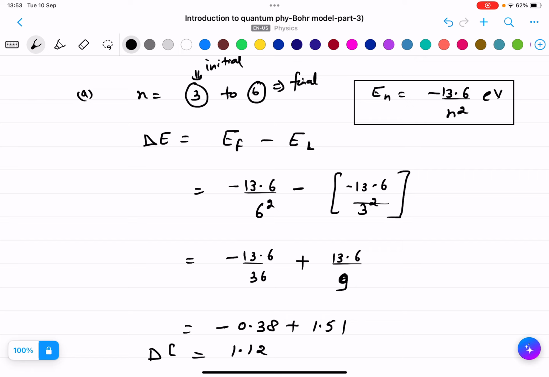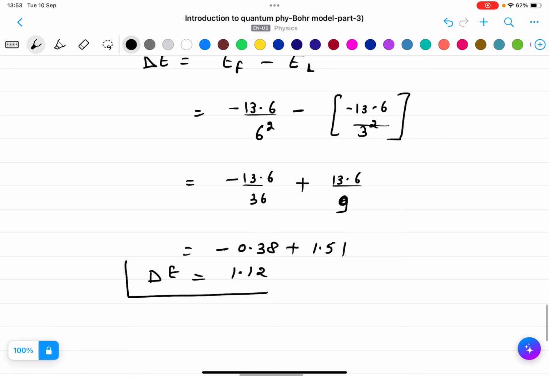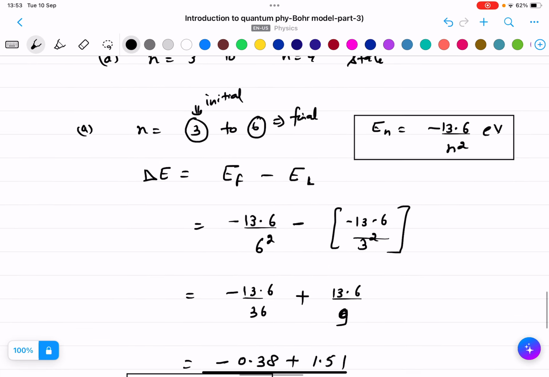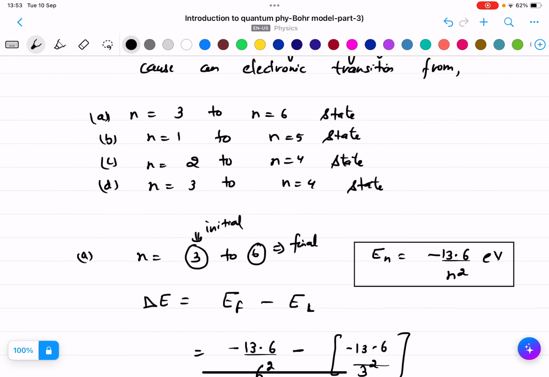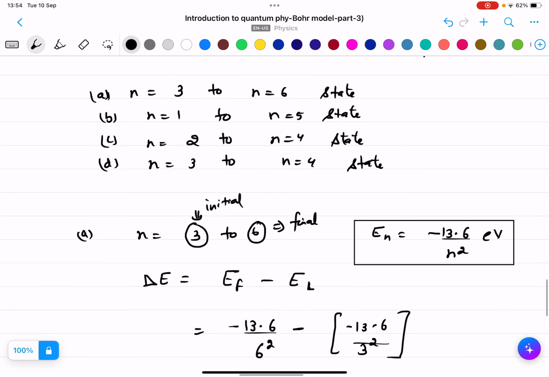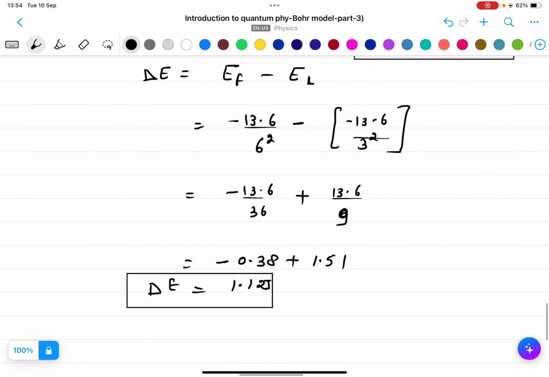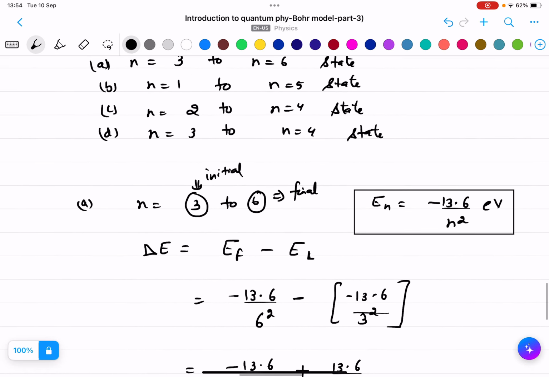That is the difference in energy here, in eV. So this is the answer for the A part. Please remember the statement: it can be asked that the electron is in the fifth state and initially it was in the first state, so you need to find out what is final and what is initial. You can please find out the B, C and D parts using the same formula. Thank you.